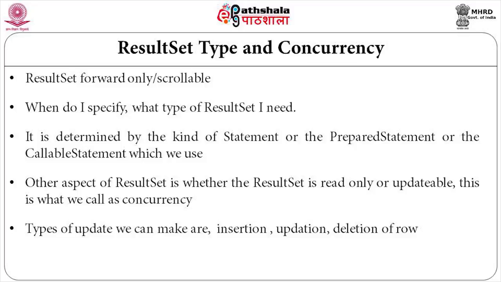That method is overloaded. You could pass an integer as a parameter here. That integer value can be a constant, an integer constant available in the ResultSet interface. So the ResultSet interface has TYPE_FORWARD_ONLY, TYPE_SCROLL_SENSITIVE, and TYPE_SCROLL_INSENSITIVE.